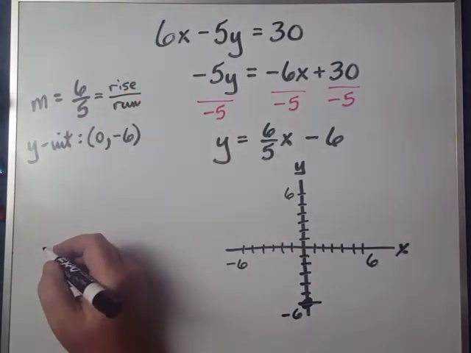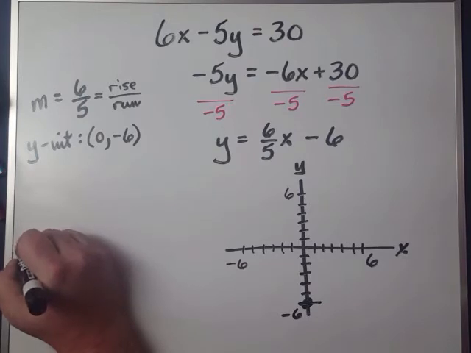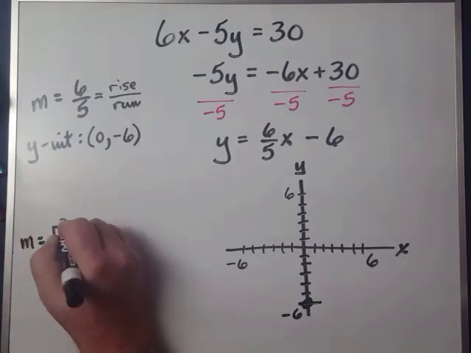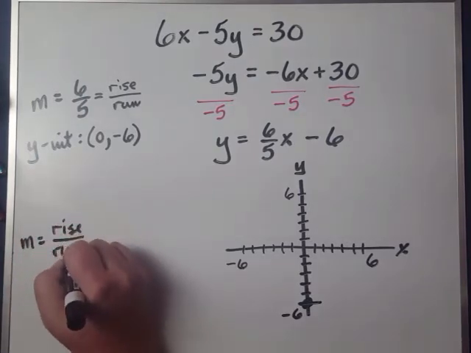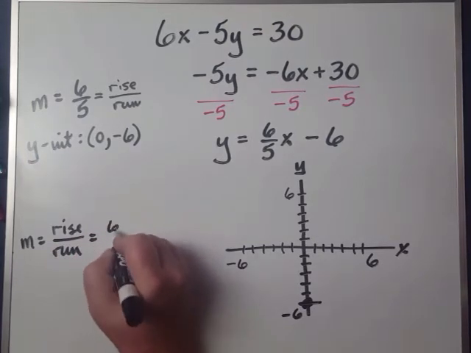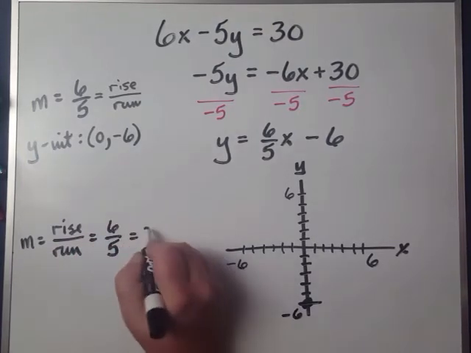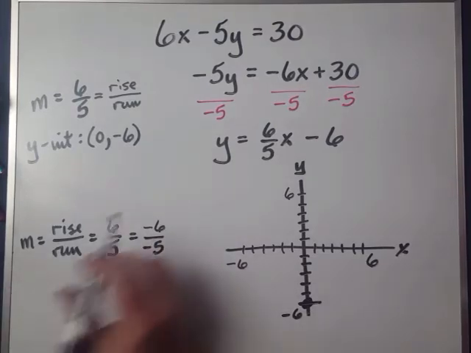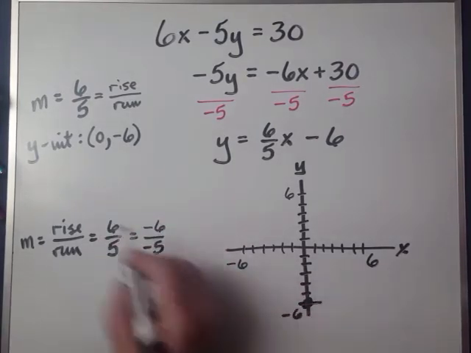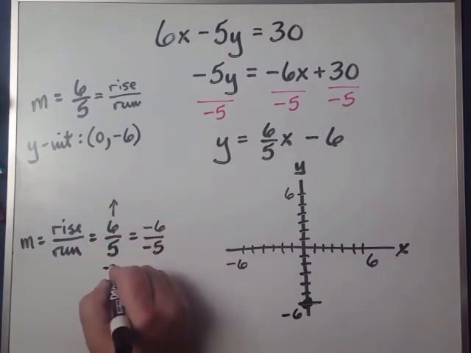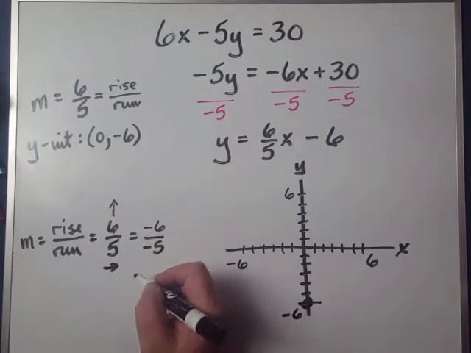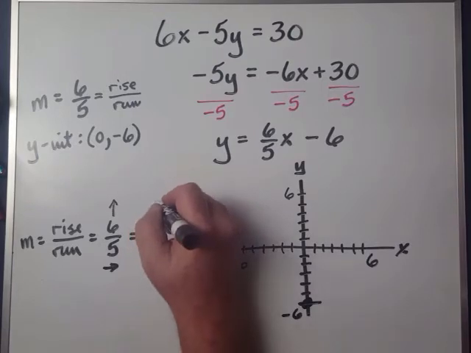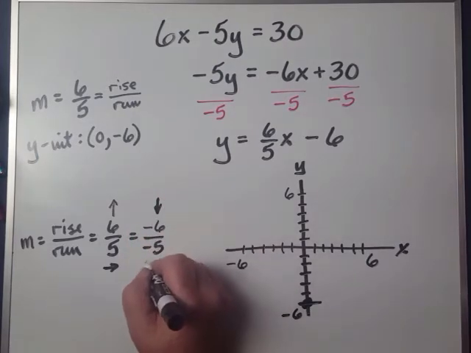Now here's something to think about. My slope is rise over run. And this 6/5 could also be interpreted as a -6 over a -5. That is, from this given point, I can go up 6 over 5, or that would be the same as going down 6, back 5.